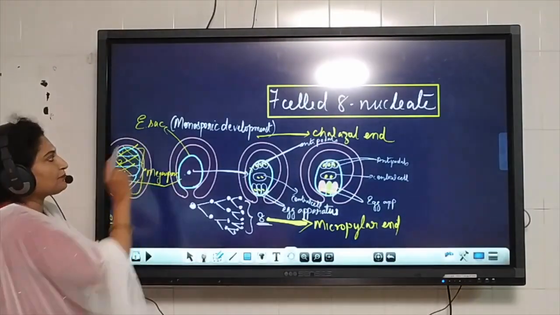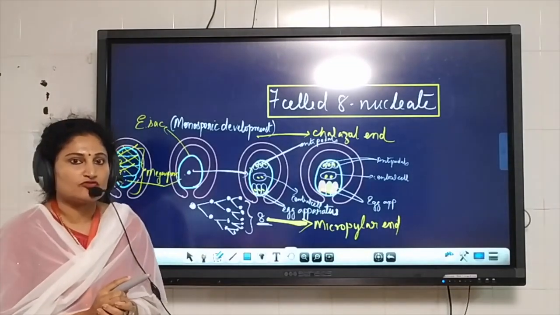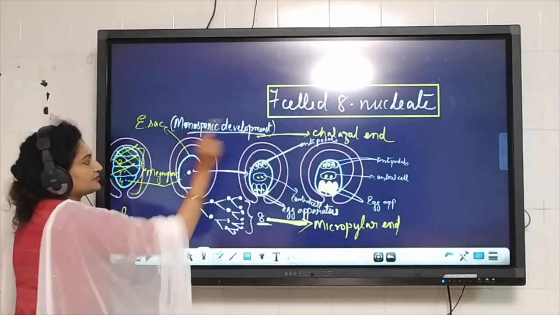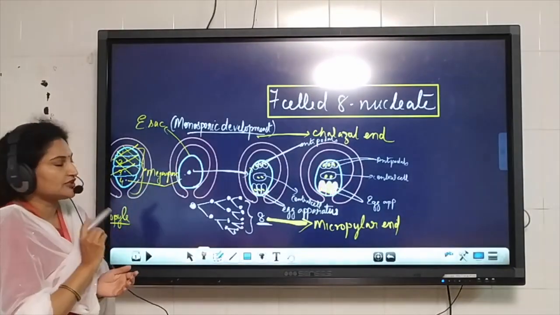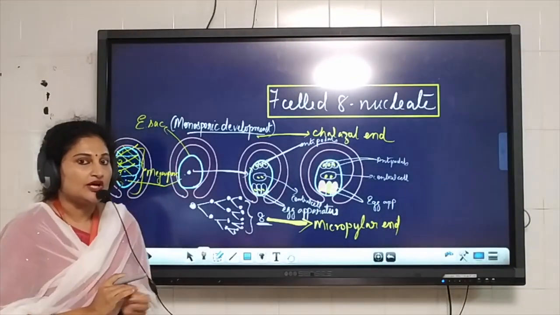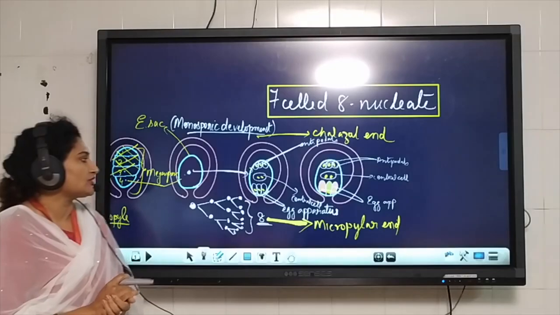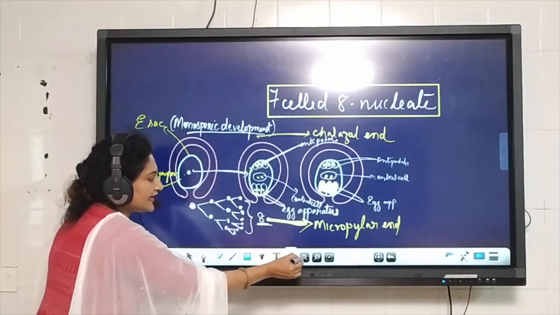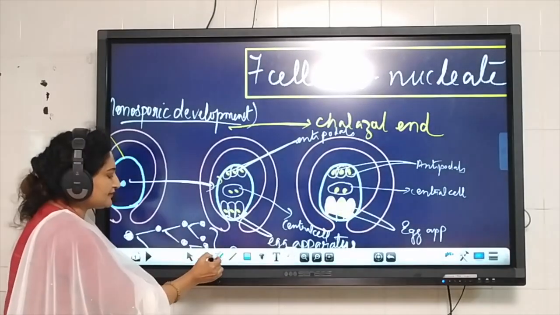Now, this development of the embryo sac from 1 megaspore is known as monosporic development. Next, what happens to the nucleus? The nucleus undergoes 3 consecutive mitotic divisions to form 8 nuclei. So we have the next diagram with 8 nuclei randomly arranged.